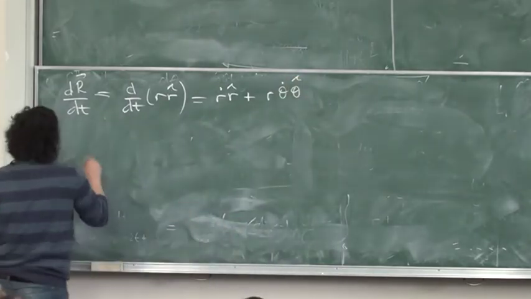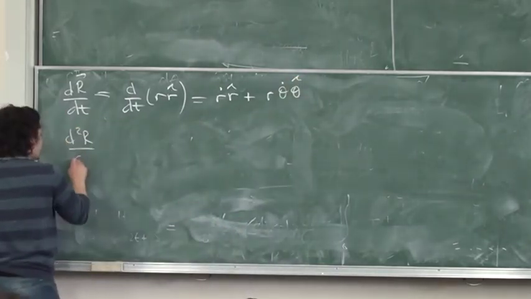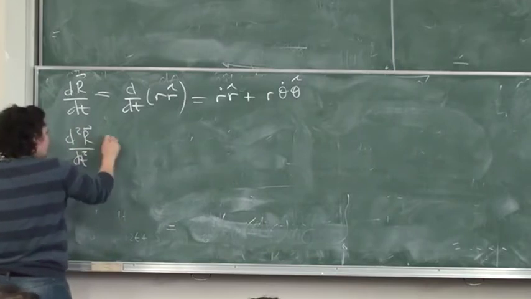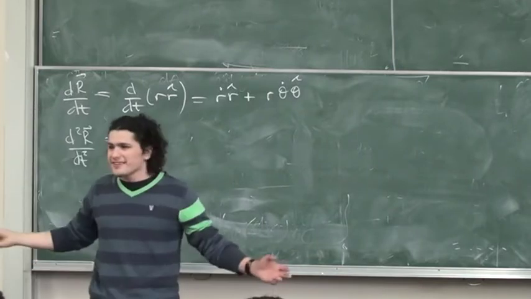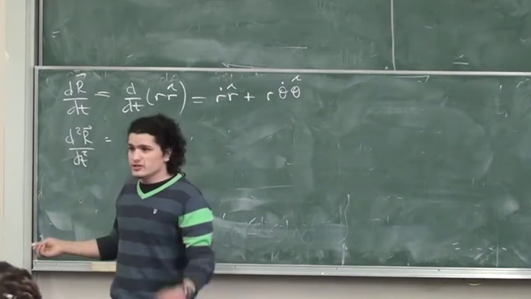Let me take the second derivative then, d squared R dt squared. This is all going very fast, you'll see it again tomorrow. I just need to derive something for you.